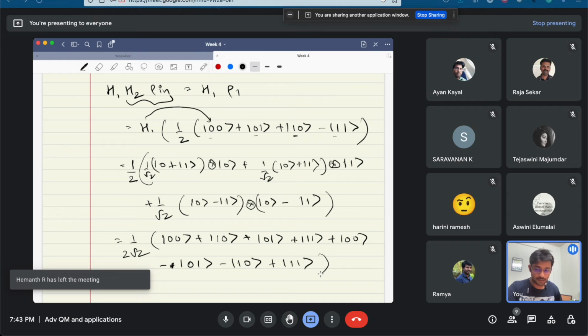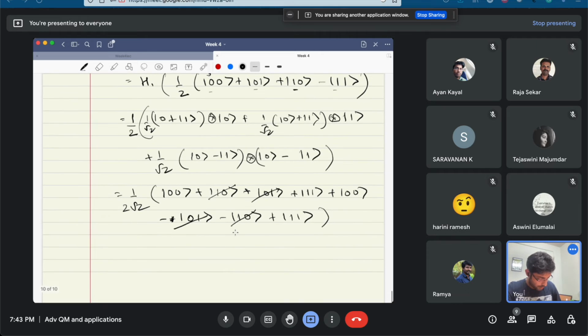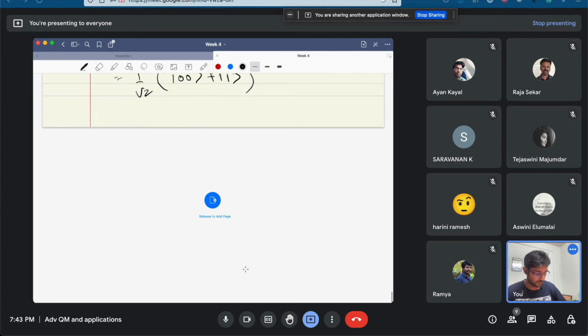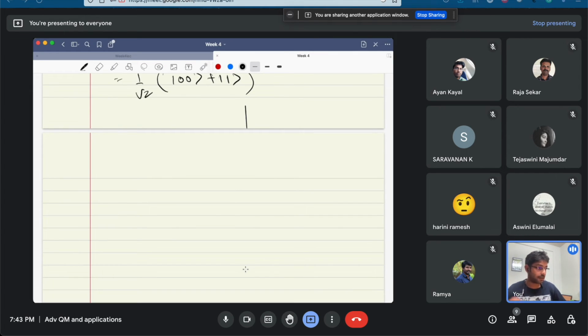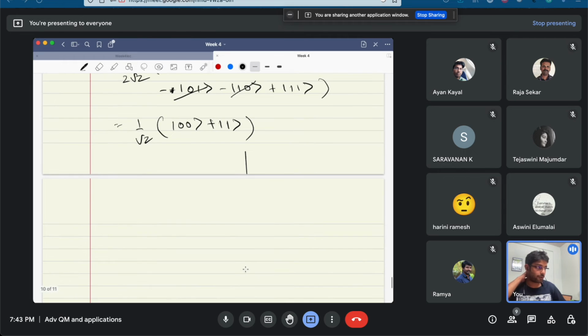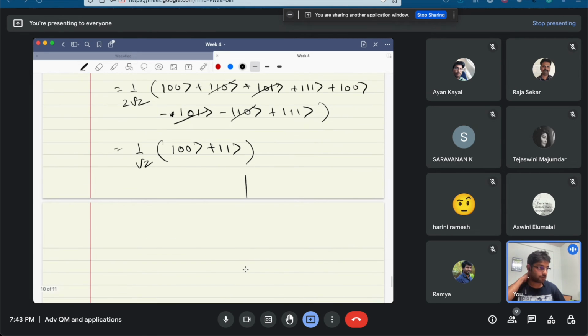Here you can see that some states are actually cancelling out, so that simplifies a bit, and some states are doubled up, so you essentially get your 0 0 plus 1 1, which was your initial state itself. Next, you have to operate the CNOT gate onto this.